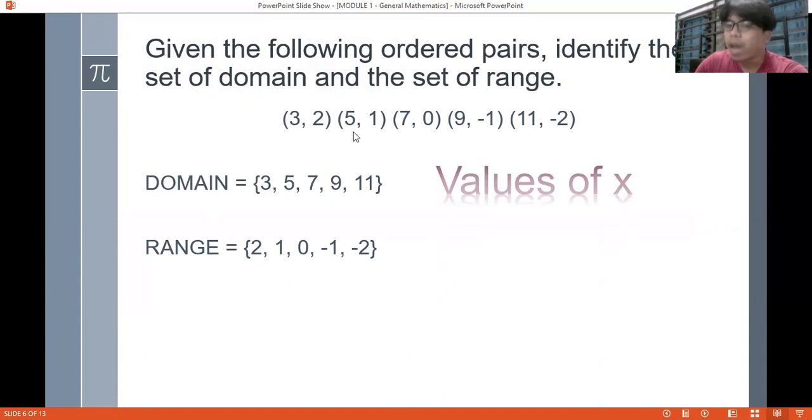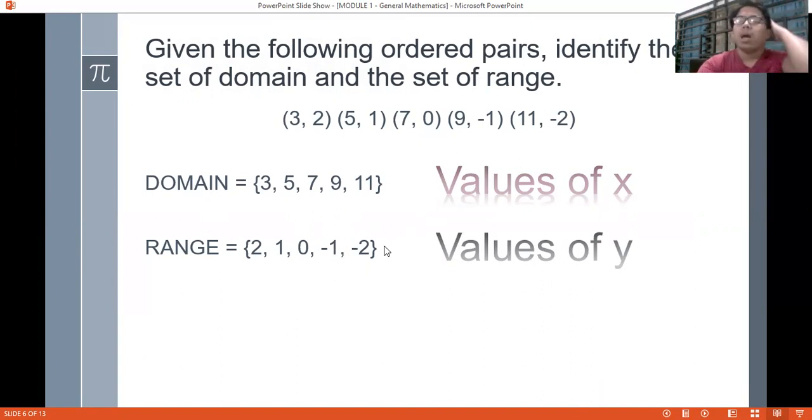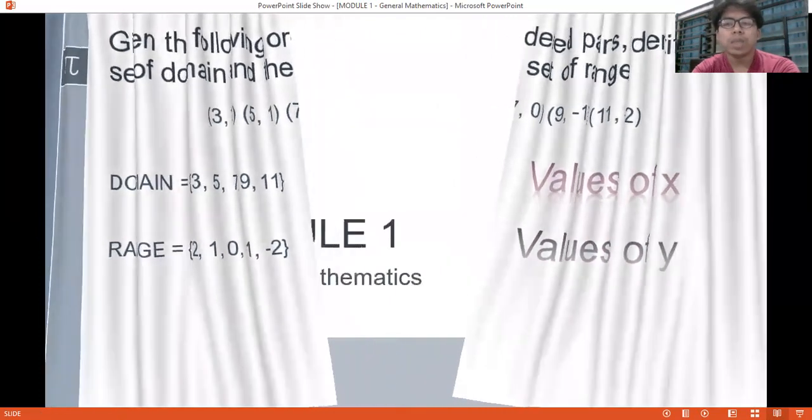Same goes for 5 and 1, then 7, 9, and 11. So 3, 5, 7, 9, 11 are the values of x. That is why it is the set of domain. And the range are the values of y. We have 2, 1, 0, -1, and -2. Do you understand? Okay, so let us proceed.